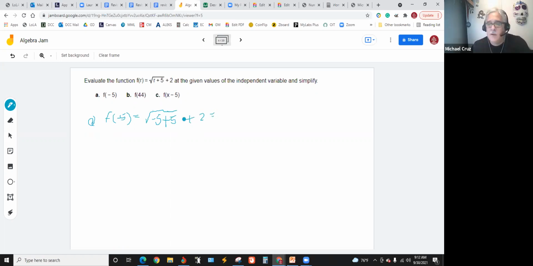All right, so inside the radical is now a -5. There's already a +5 in there. So that ends up being 0 plus 2, which is just 2. Make sense?